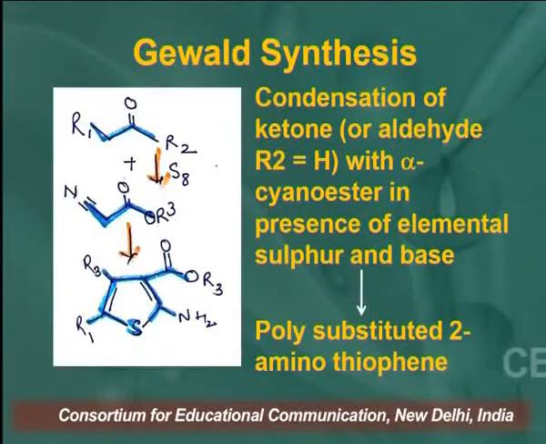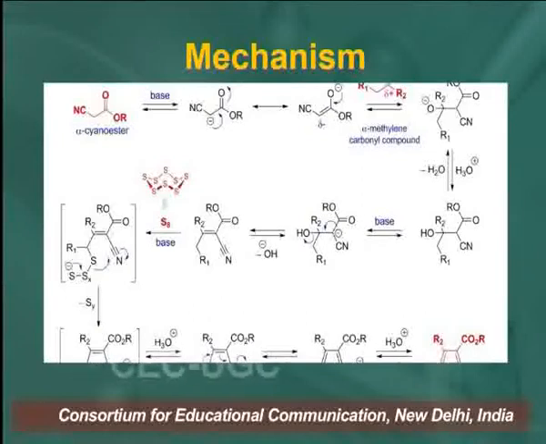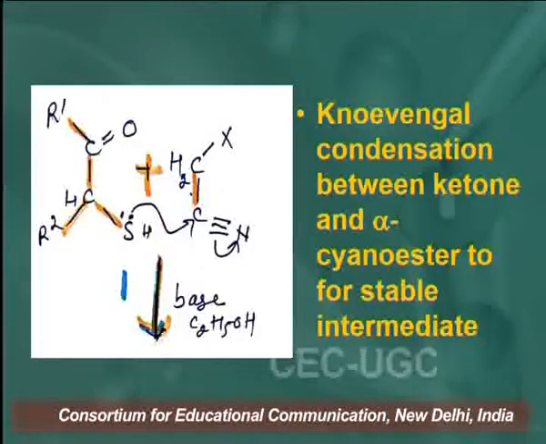Next important synthesis is the Gewald synthesis. In Gewald synthesis, there is condensation of ketones or aldehydes with alpha cyanoesters, and the reaction takes place in presence of elemental sulfur, S8, and base, and we get a polysubstituted 2-amino thiophene. You can see in this mechanism how the elemental sulfur reacts with the cyanoester and is finally converted into substituted thiophene.